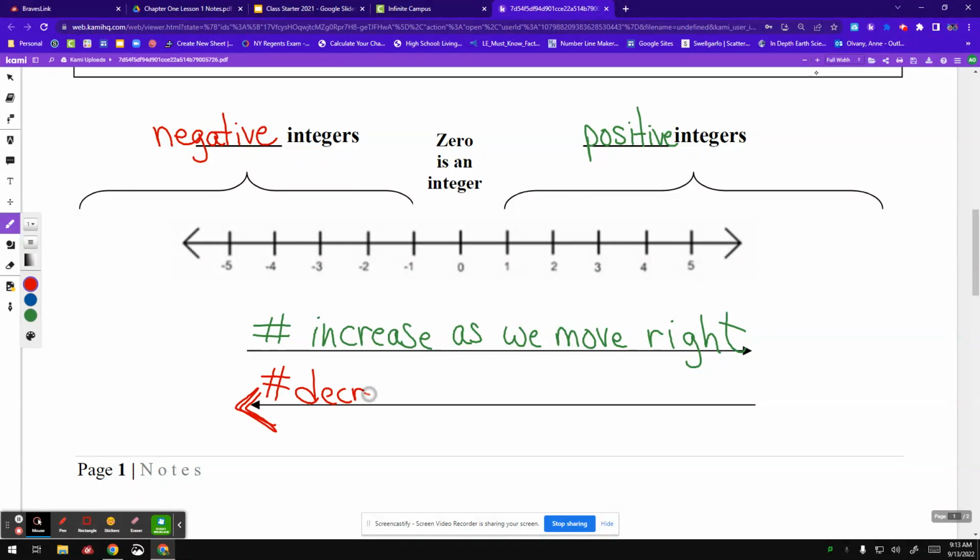Decrease as we move left. Hopefully you've seen a little bit of this before. Is that true? Good. So nothing too earth-shattering here. So I've got an arrow over here showing these are moving right, and an arrow over here showing these are moving left. Any questions before we go to the next page? Okay.